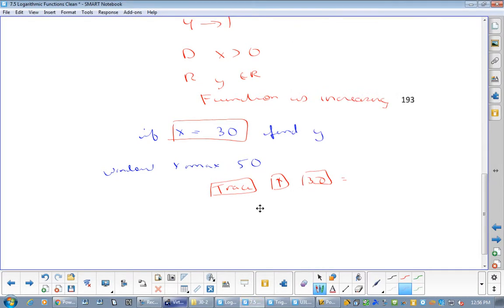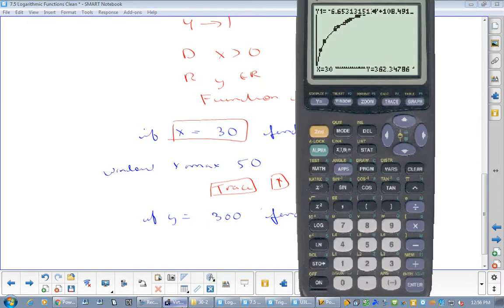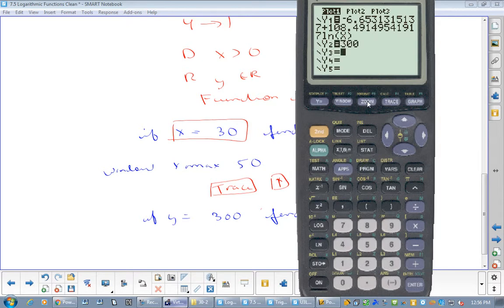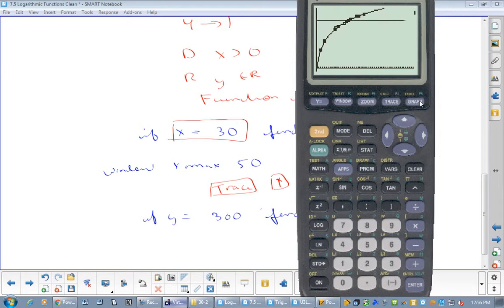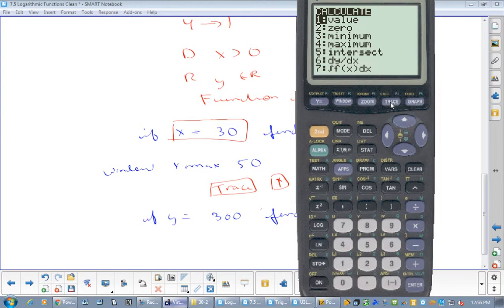Okay, now my second one would be, what if y is, let's go 300. Find x. Okay, so y2, put 300. Okay, is my window big enough for that? Yep. So now I go second, trace, 5, enter, enter, enter.